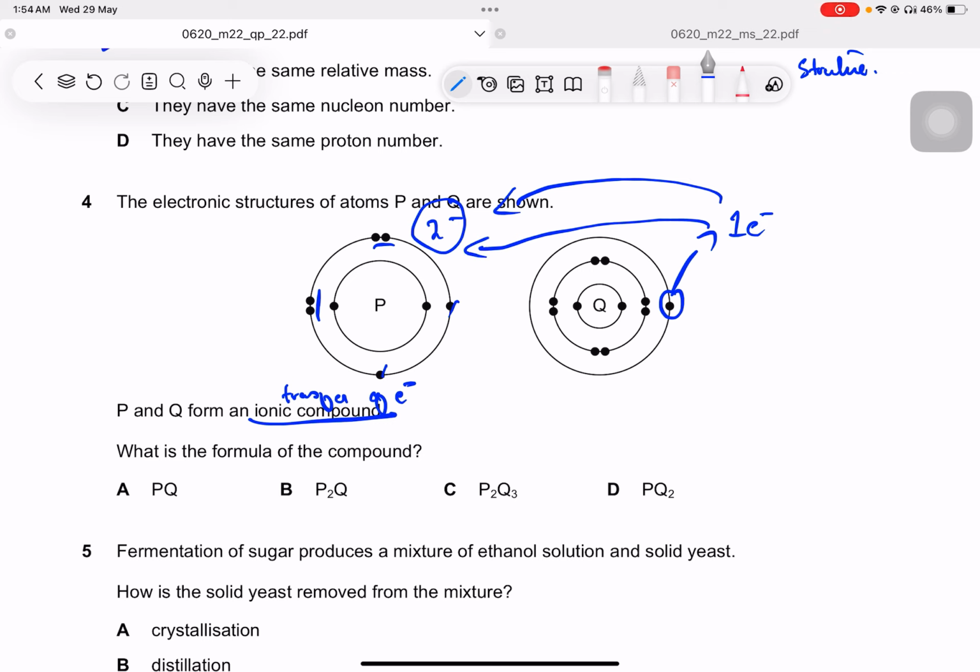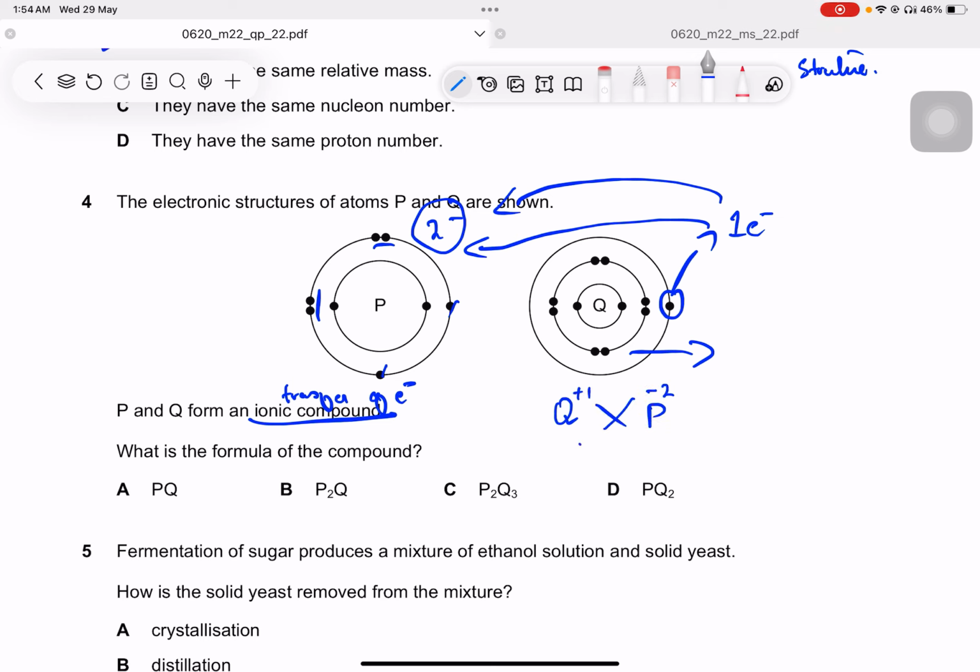Because we need two electrons to be lost, but only one electron can be lost by each atom, we will have two atoms of Q to give the two electrons to P. Putting it simply, Q is in group 1, so it will have a charge of +1, and P is in group 6, so it will have a charge of -2.